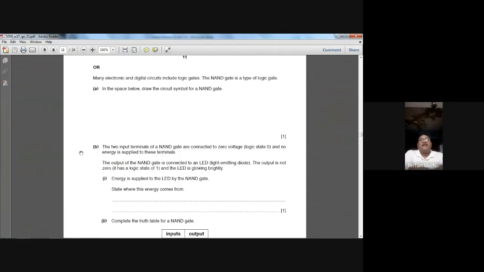Remember one thing, that a NAND gate is a combination of an AND gate and a NOT gate. So we have an AND gate, and then we have a NOT gate. Together they form a NAND gate: an AND gate connected with a NOT gate. Its circuit symbol is simple.